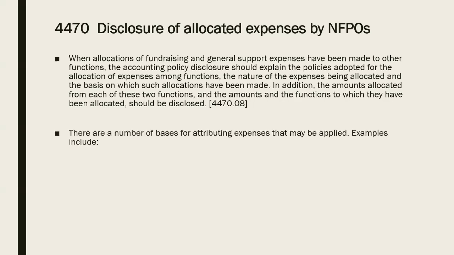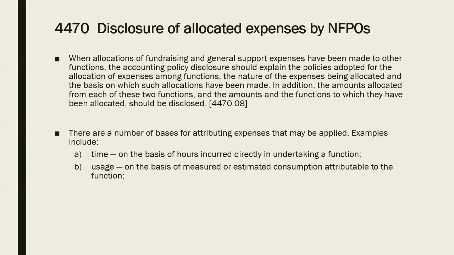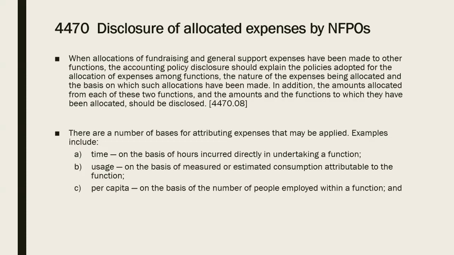So how must this be implemented? There can be a number of bases that could be applied. For example, we could do the allocation based on time or usage or per capita based on number of people employed in that function or the space floor area occupied by a function.